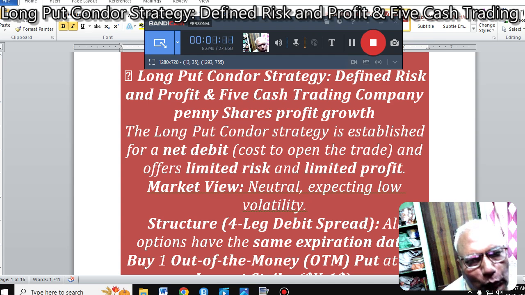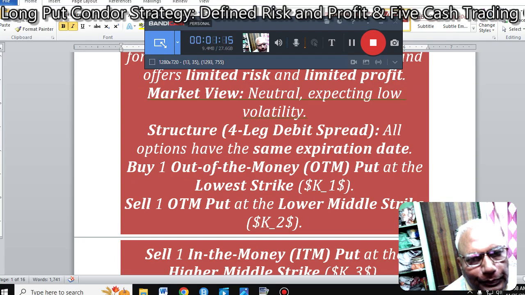Market view: neutral, expecting low volatility. Structure: a 4-leg debit spread. All options have the same expiration date. Buy 1 out-of-the-money put at the lowest strike.